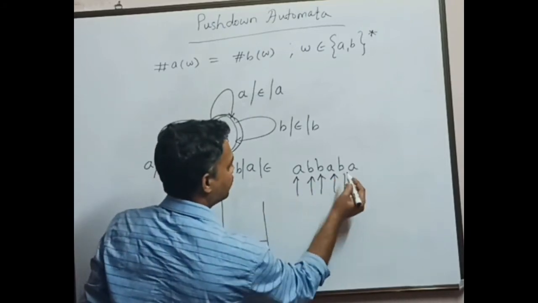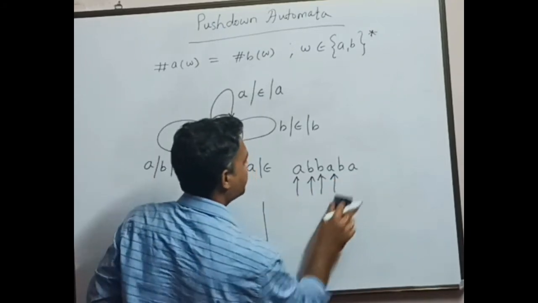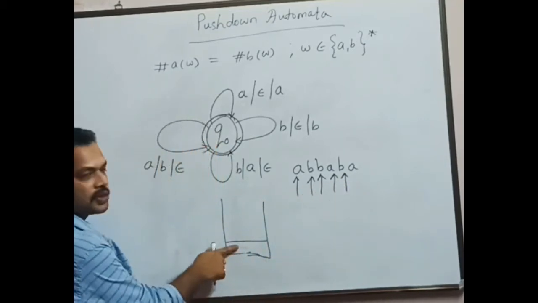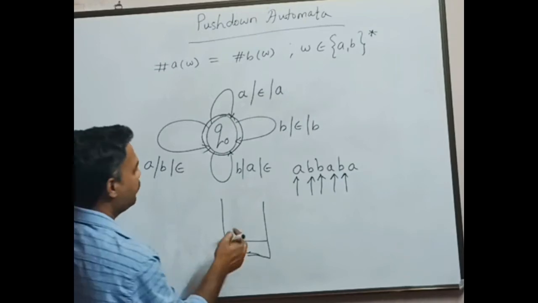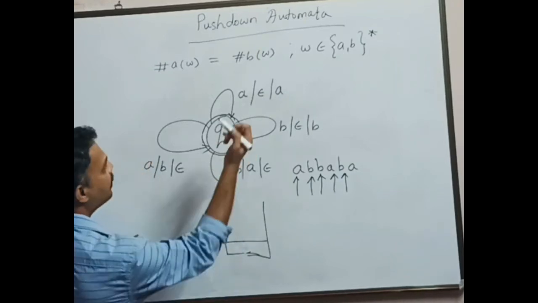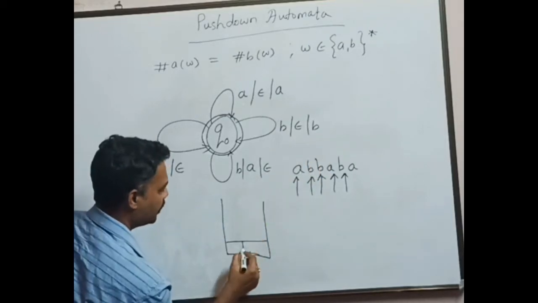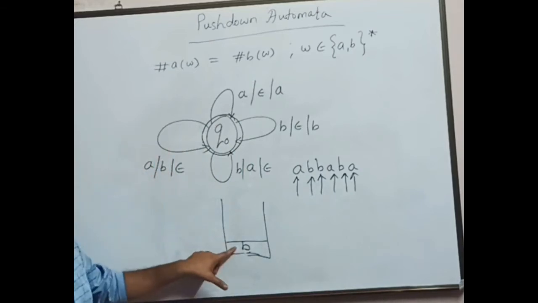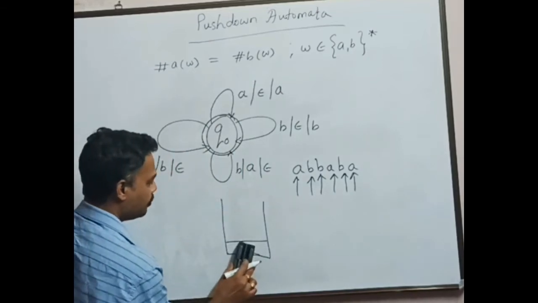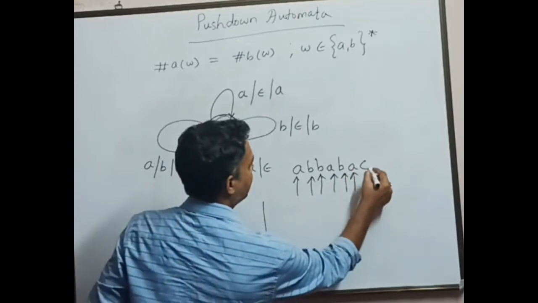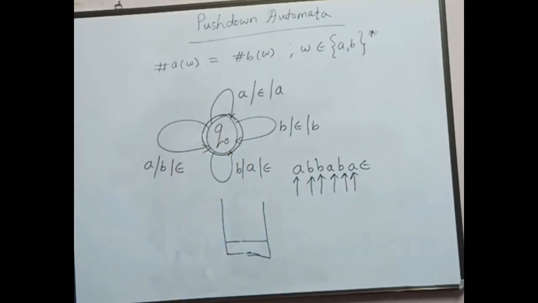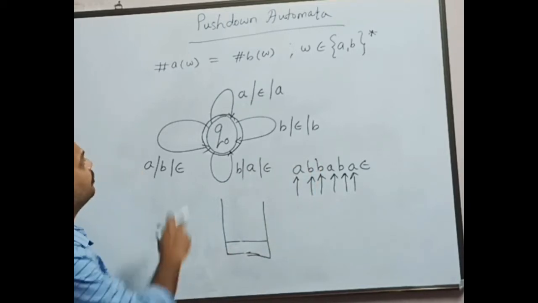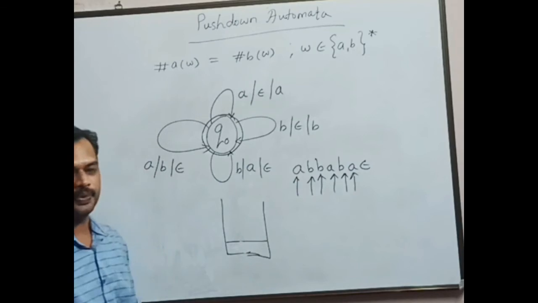Once again it comes across B. This time there is no character on top of the stack, so B will be pushed. Finally it encounters A. Since B is present on top of the stack, B is popped. Now it comes across epsilon, that is, no further characters. So the stack is empty and the PDA says the given string is accepted.